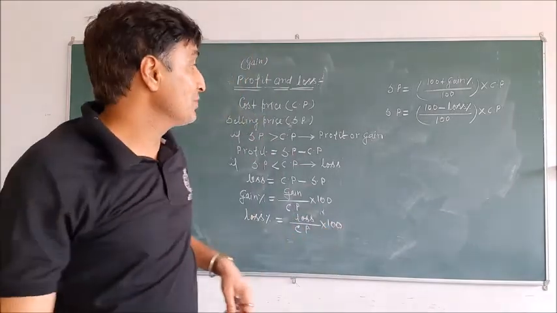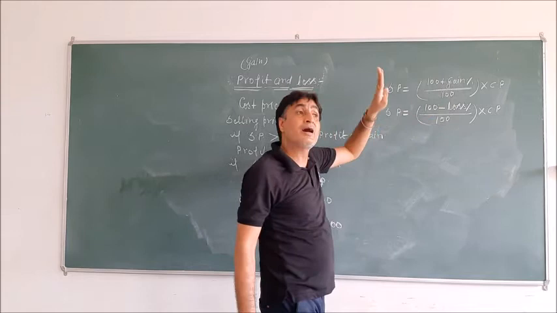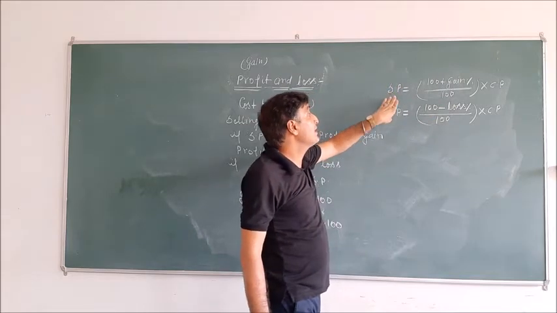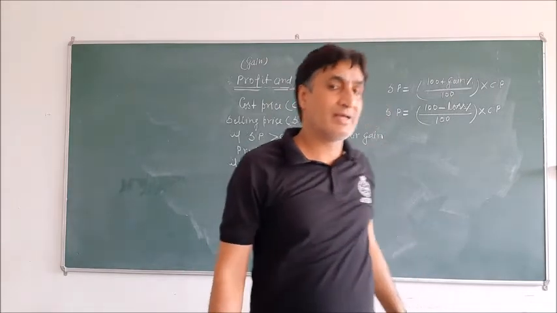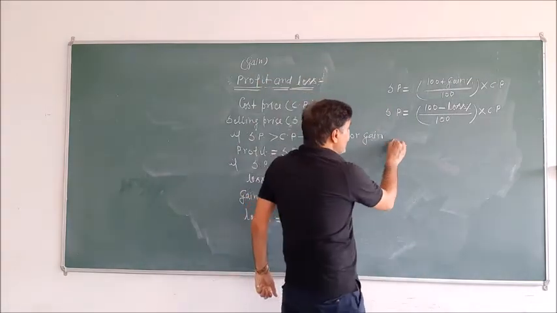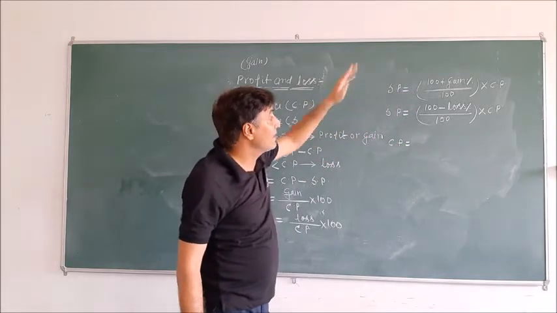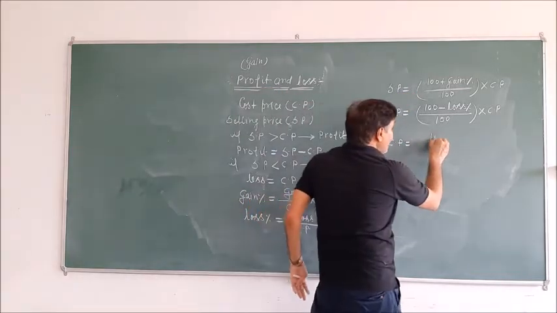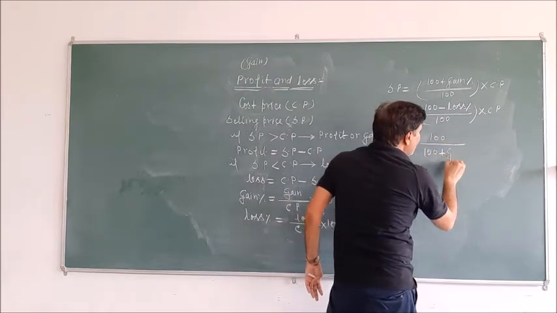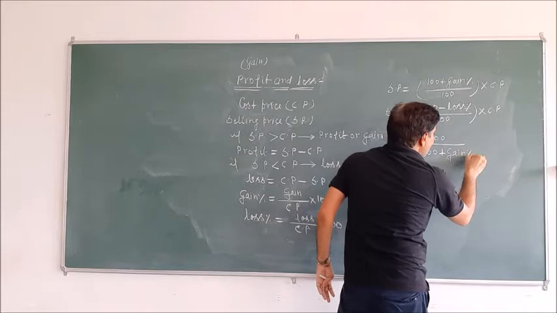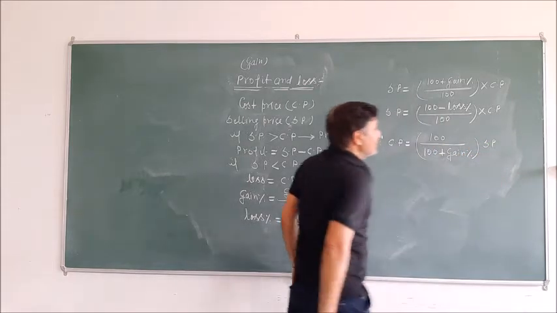Another situation, students: if gain or loss percent and selling price are given, how can we find the cost price? If gain percent and selling price are given, cost price equals 100 divided by (100 plus gain percent), and this whole multiplied by selling price.